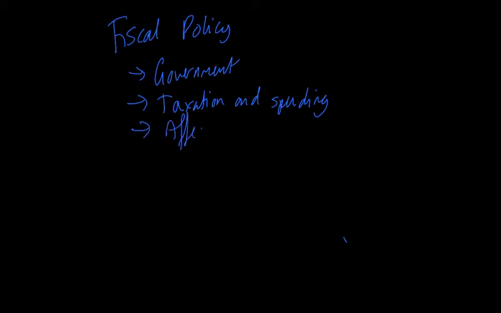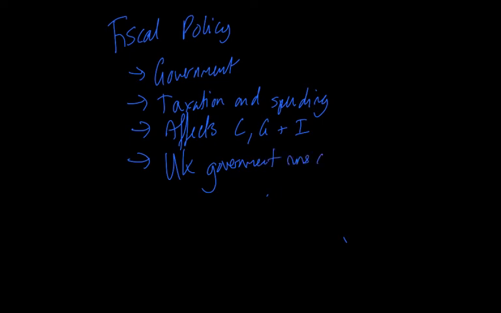It affects the C, G, and I components of aggregate demand, and the UK government runs a deficit, or at least it has done in 2013. So those are the key points to take away from this video. The next video will deal with the more advanced AS theory and then a couple more for your A2 content as well. But those are the key points to take away from this one.